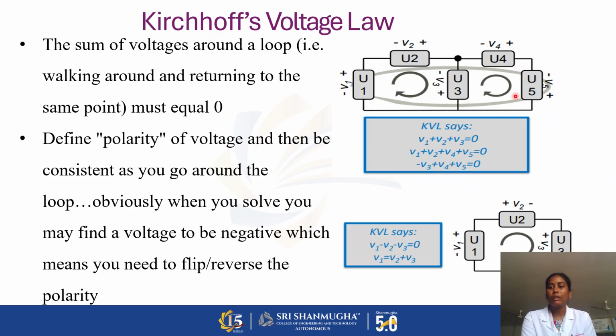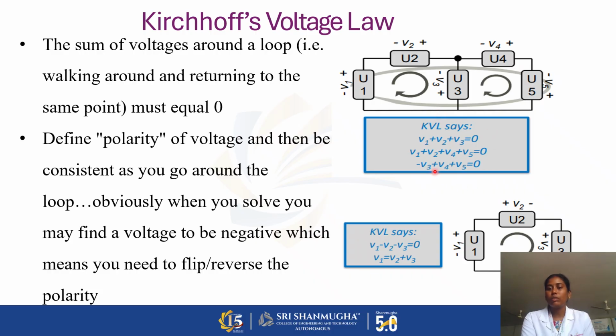Other than these two loops, consider U1, U2, U4, U5, neglecting U3. This can also be considered as a closed loop. According to KVL, the respective voltage drops across U1, U2, U4, U5 are plus V1, plus V2, plus V4, plus V5 equal to 0.